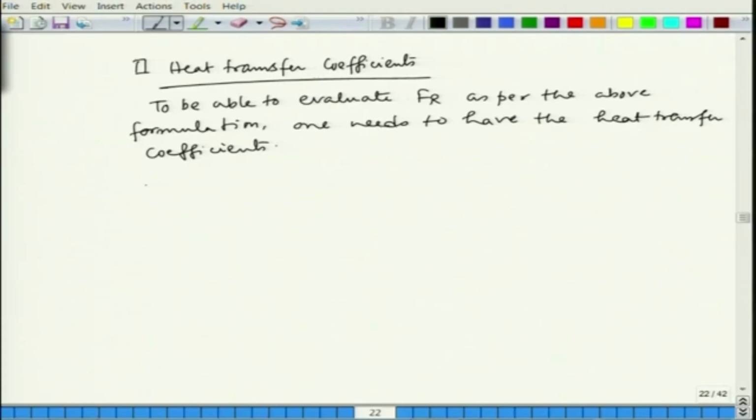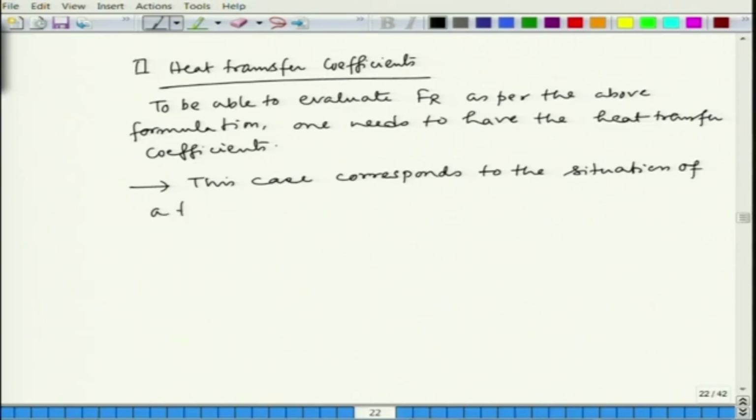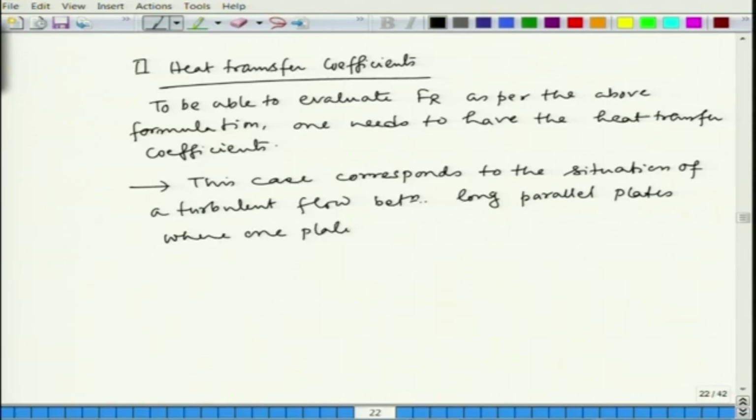Right, and this case actually corresponds to a known case from the convective heat transfer theory, that this case corresponds to the situation of a turbulent flow between long parallel plates, okay, where one plate is heated and the other one is insulated, right.